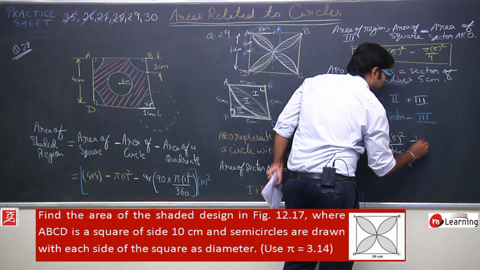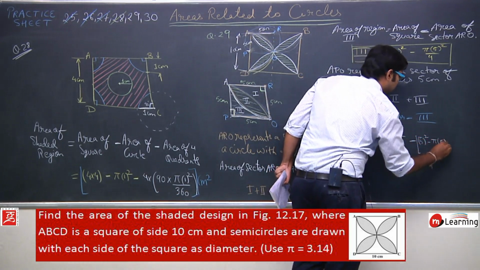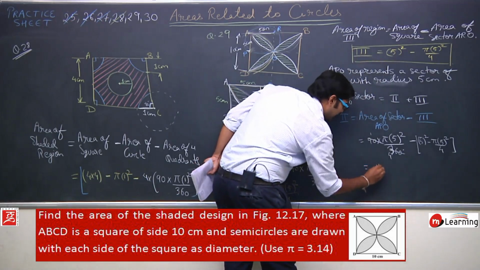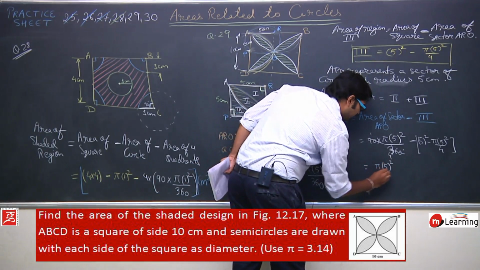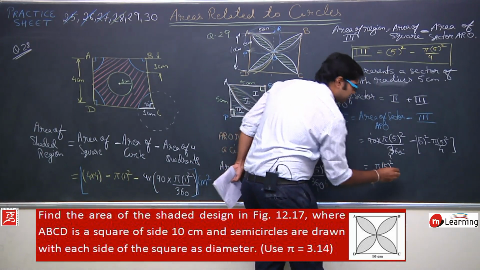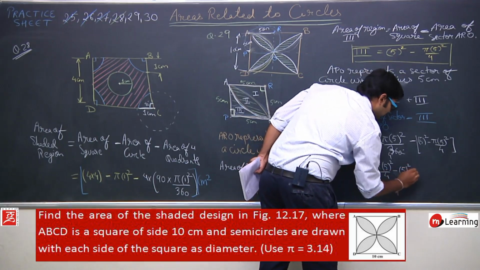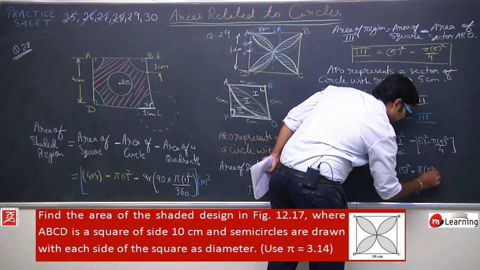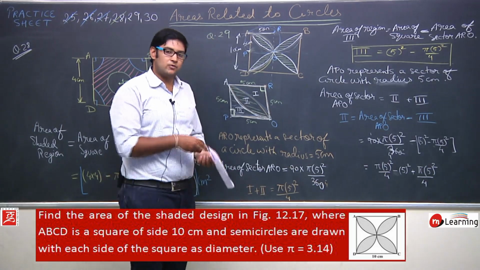It is 5 square minus pi into 5 square upon 4. So this will give you pi into 5 square upon 4 minus 5 square plus pi into 5 square upon 4, which gives 5 square pi upon 2 minus 5 square.